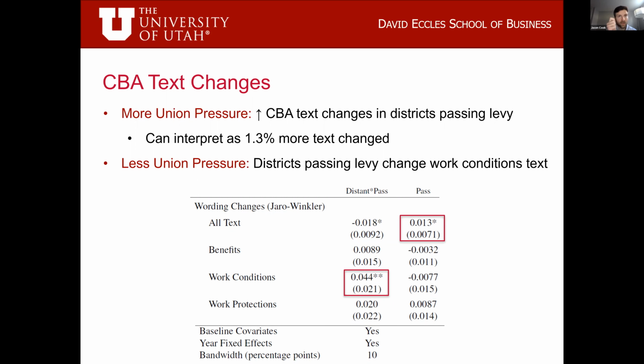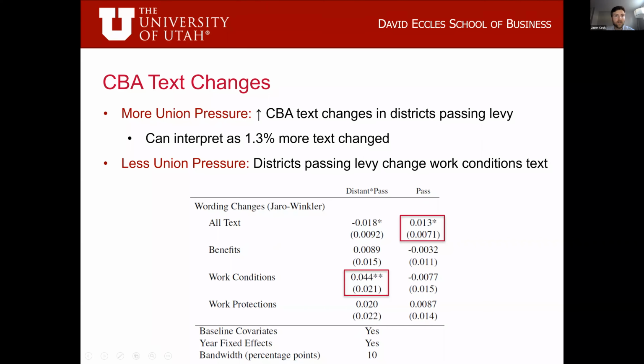What happens if you just narrowly pass that? And then the column to the left is how different are the districts that are collectively bargaining in the distant future compared to those that are bargaining now. So the far column is telling you more union pressure, the left column is telling you less union pressure, is another way to categorize it.